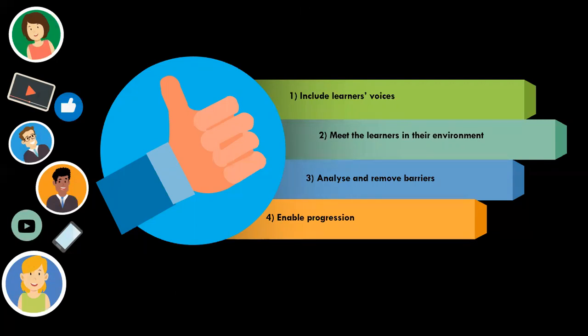All barriers should be analysed and where possible removed to allow the learner and the participant to engage more thoroughly. Progression should be understood and discussed between facilitator and participant to allow for clarity in terms of the steps in the learning pathway.